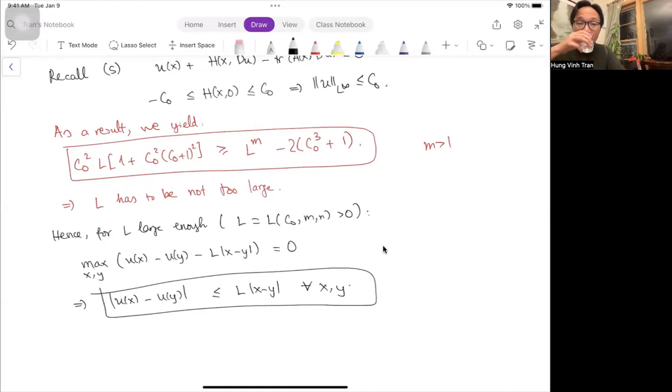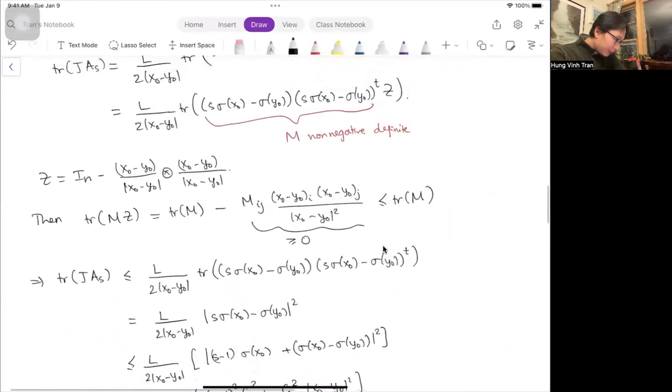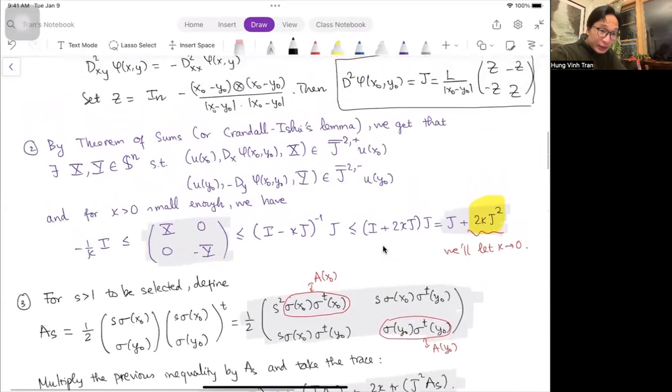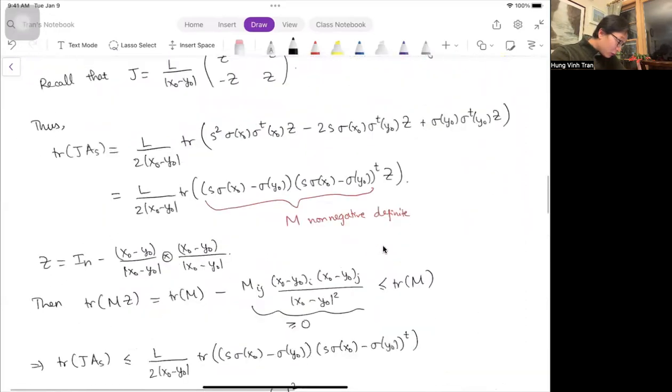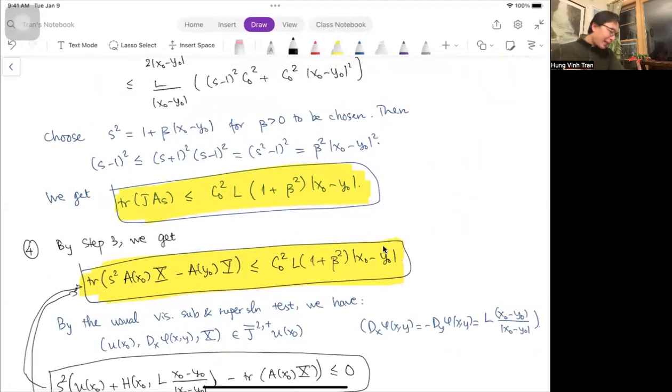So what's the point here? The point I wanted to make is that we are not doing any differentiation here, but we are doing it implicitly through letting s go to 1. What we are choosing here is that s is 1 plus beta times |x naught minus y naught|, right?